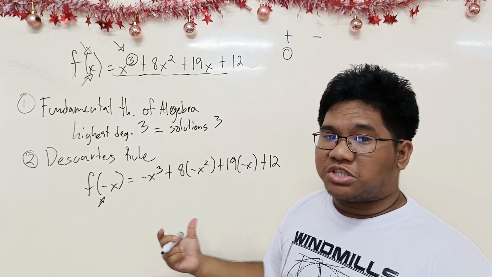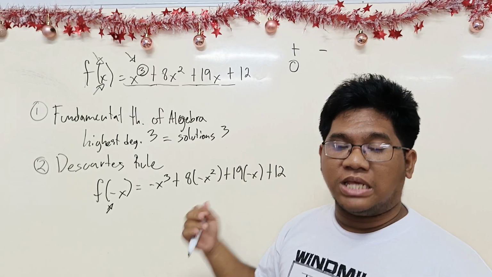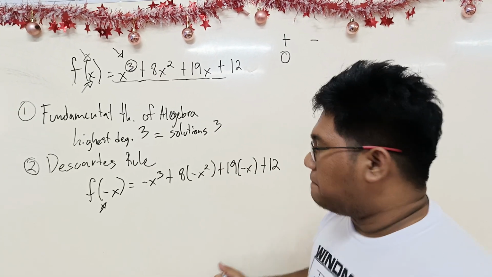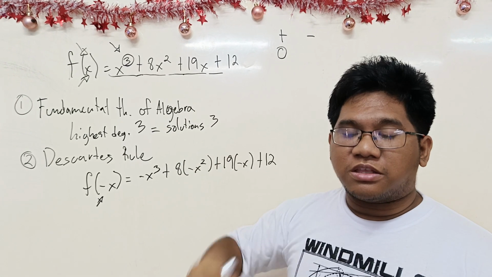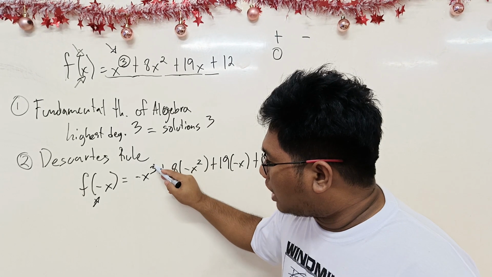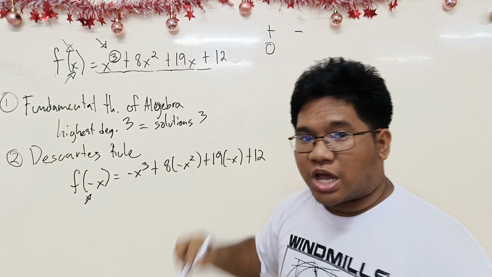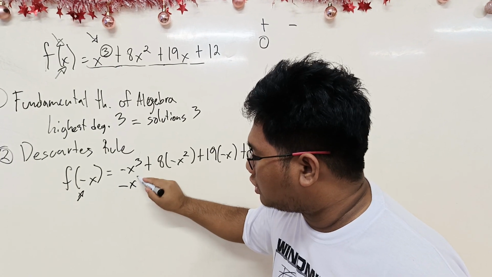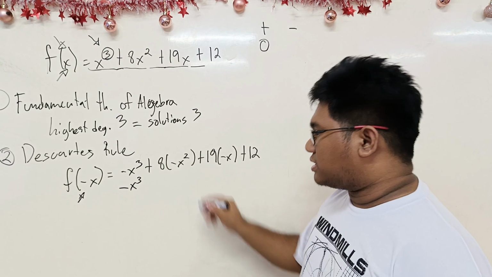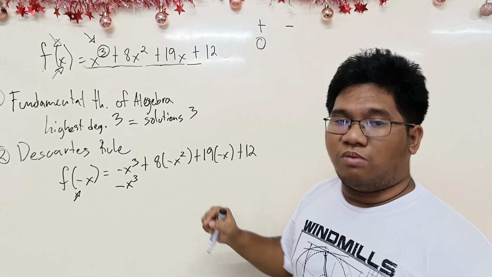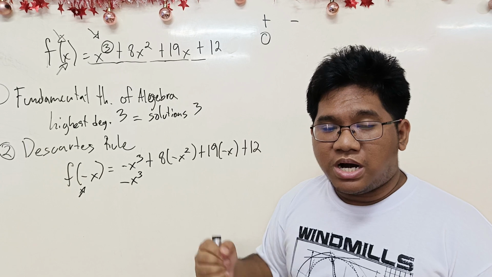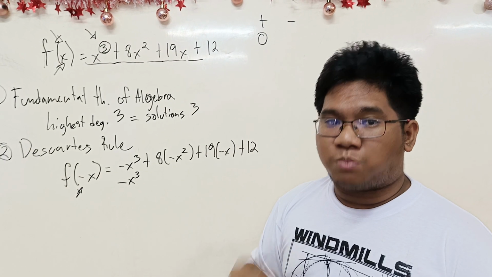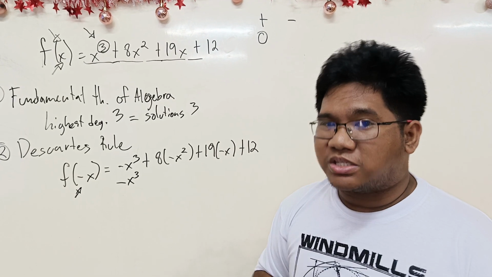Now, solve natin siya and then i-rewrite para mas madali natin siyang mabilang. Paano yun? Any negative number raised to an odd exponent, siya ay magiging negative number. So that's why here we will have negative x cubed. Next, negative x raised to 2. Any negative number raised to an even exponent, lagi siyang magiging positive.